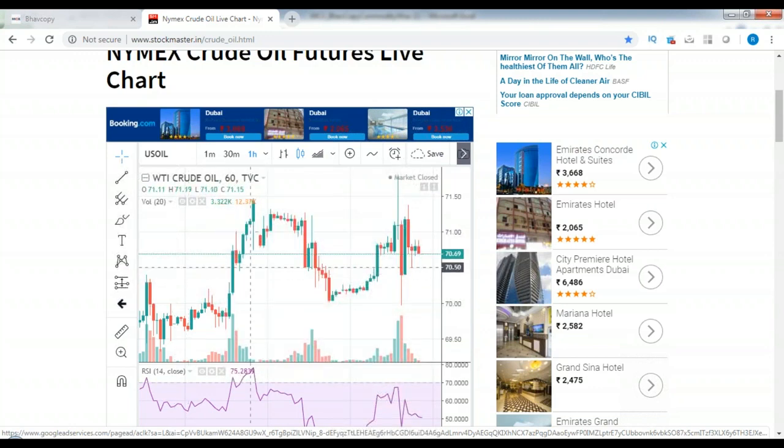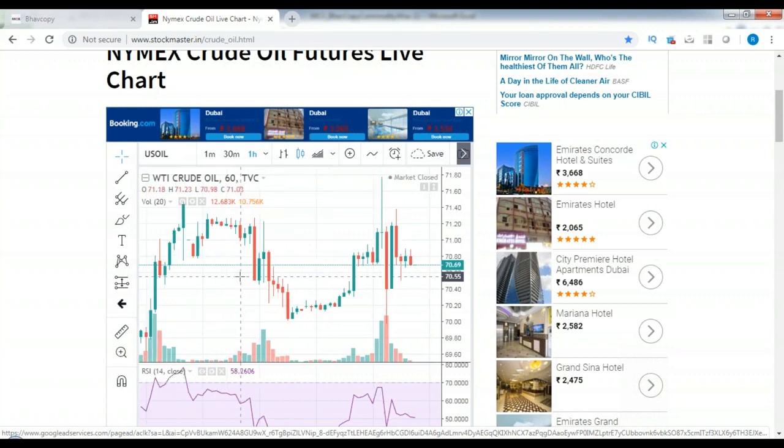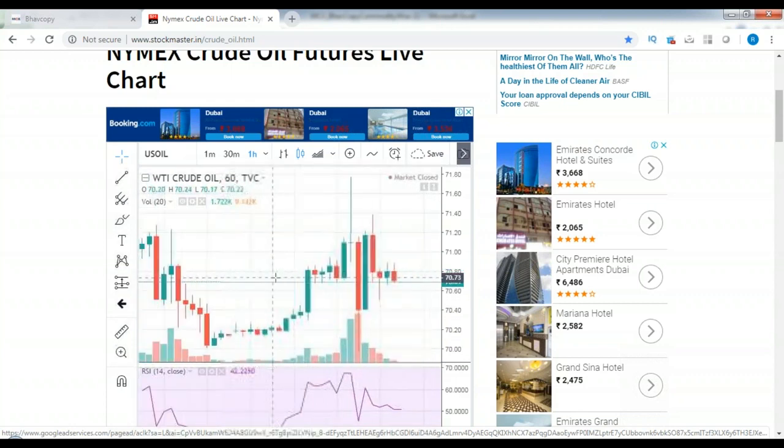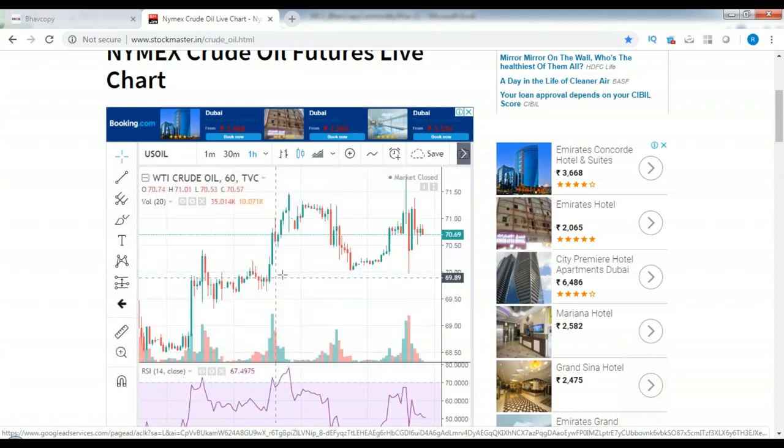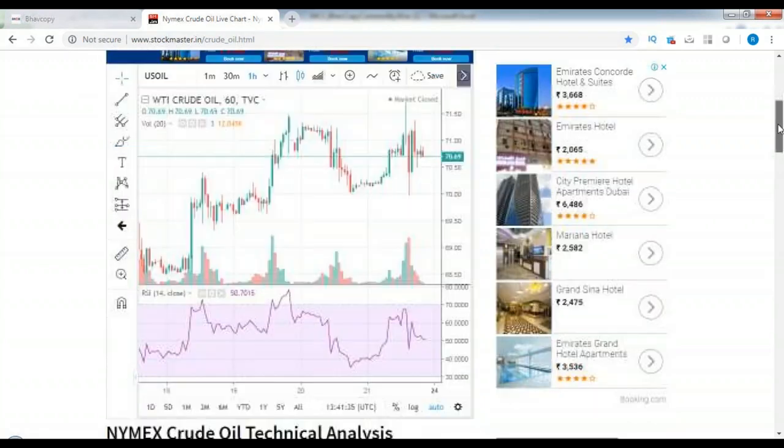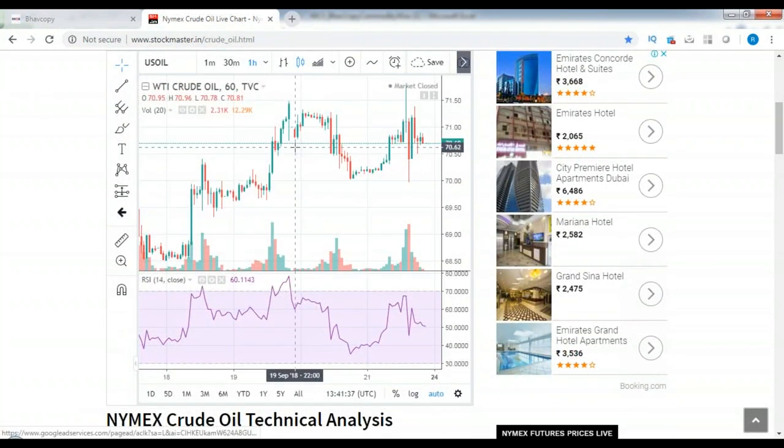If you look at this particular chart, at the very bottom, do you see there is a time coming, like 19th of September, 2200 hours?